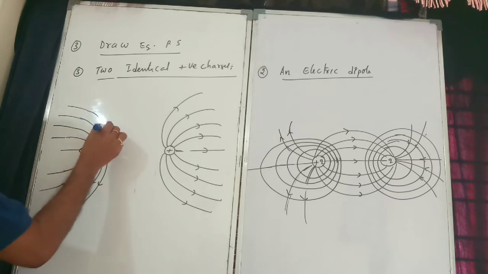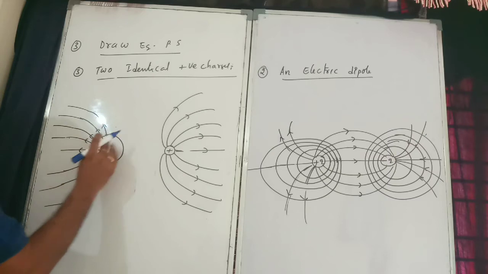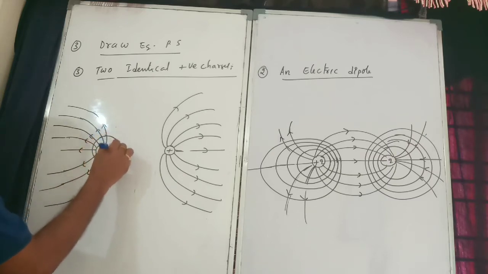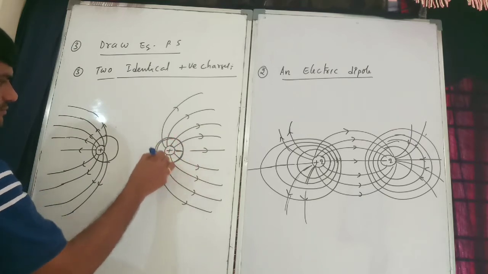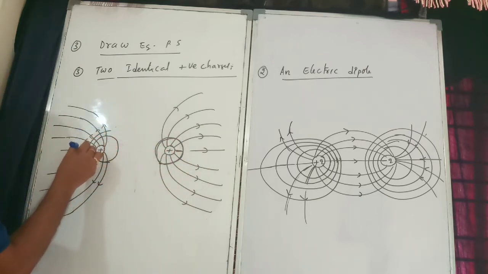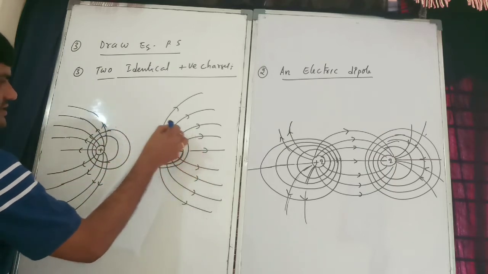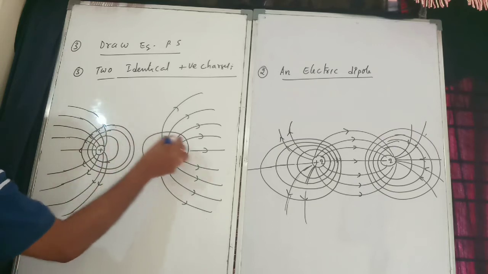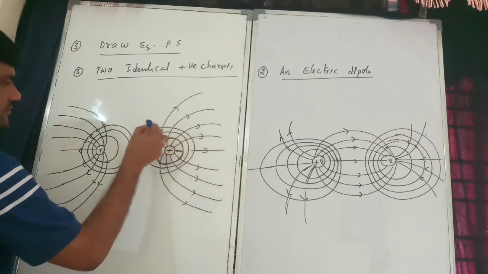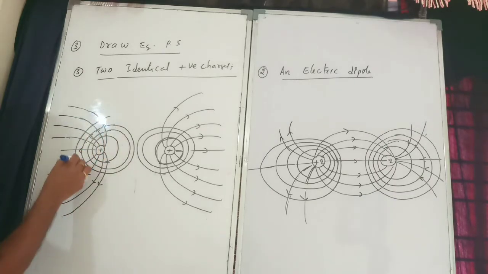Now the circles. The first circle, here also a first circle. Next, the second circle, and then the third. So what happens here?